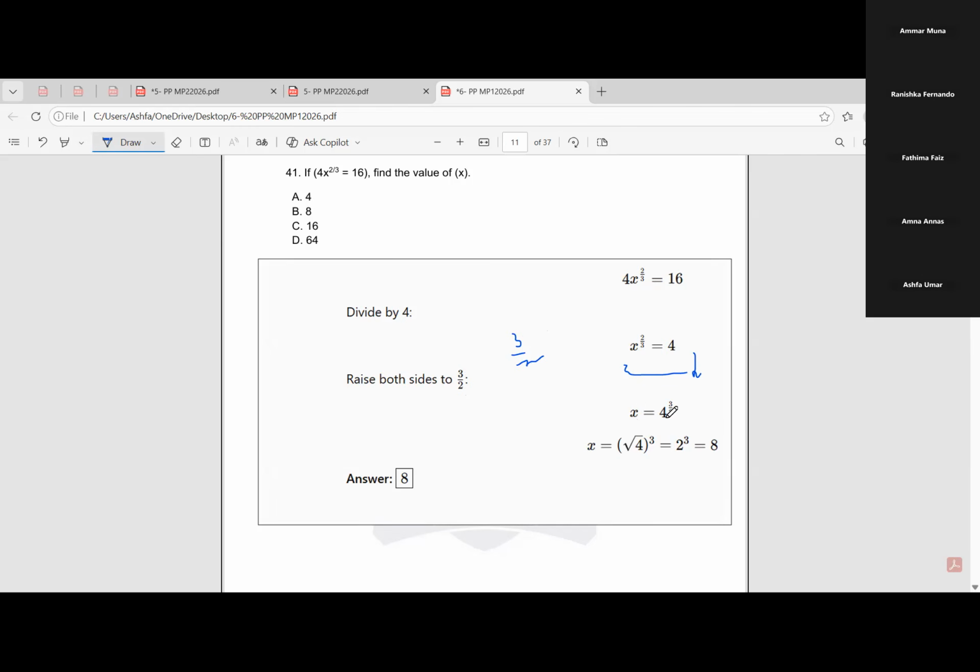The reciprocal of 2 over 3 is 3 over 2. So then you get this. Hope you can understand how to solve this. Then we get 4 to the power half, and isolating this, it comes as 2 to the power 3, which means 8.